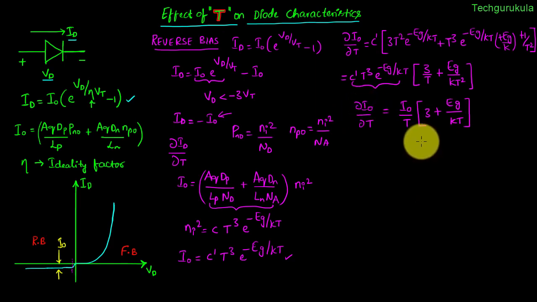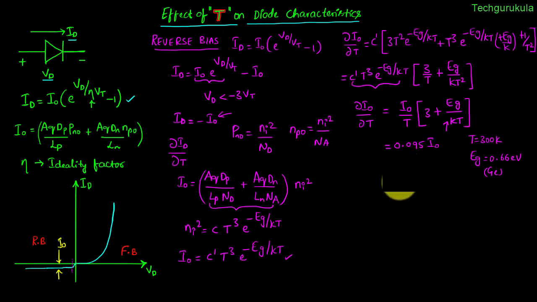If we calculate this value for germanium at room temperature, where T is 300 Kelvin, and the energy band gap for germanium is 0.66 electron volt at room temperature, and substitute the values in this, we would get a value of 0.095 times I0, which means I0 is increasing at a rate of 9.5% per degree centigrade at room temperature, 300 Kelvin.